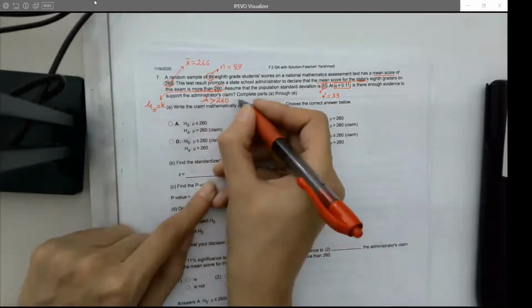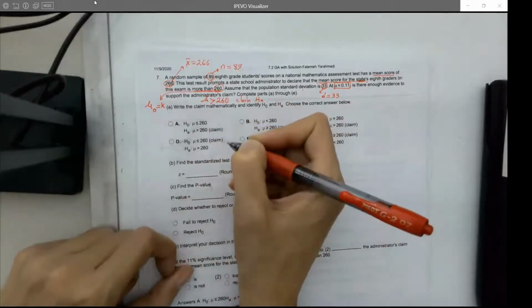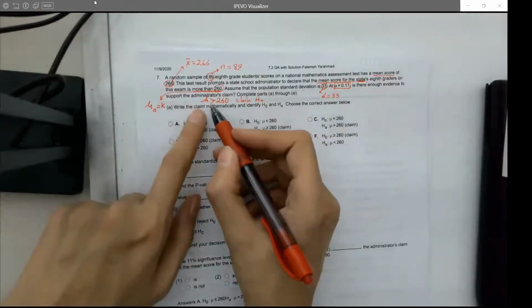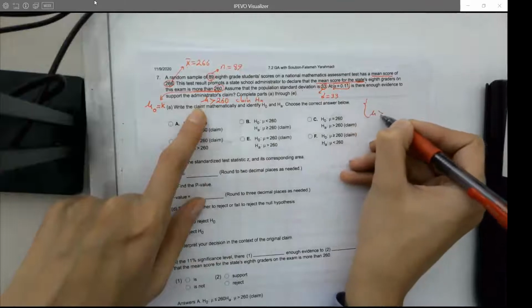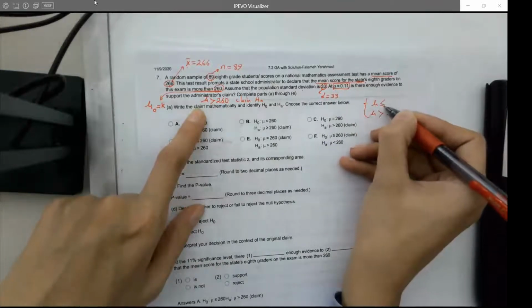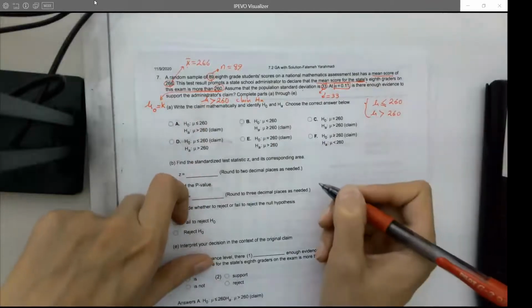Remember that the claim and your alternative hypothesis are the same. The alternative hypothesis is given to us. It says mu is greater than 260. Its complement is less than or equal to 260.